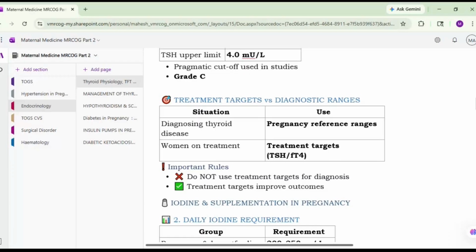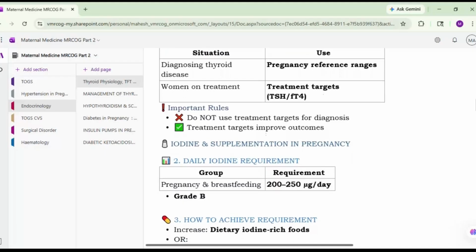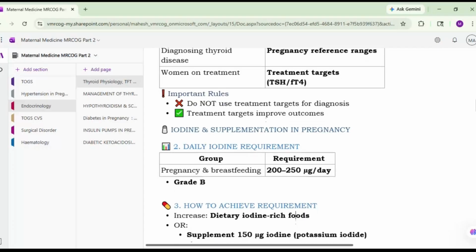If the woman is on treatment, then go for the treatment targets, that is the TSH and FT4 level. But for diagnosing the thyroid disease, pregnancy specific ranges are to be used. This is the thing which you should remember. The important rule is: do not use treatment targets for the diagnosis. Treatment targets are not to be used for diagnosing the thyroid condition. Treatment targets will improve the outcome.